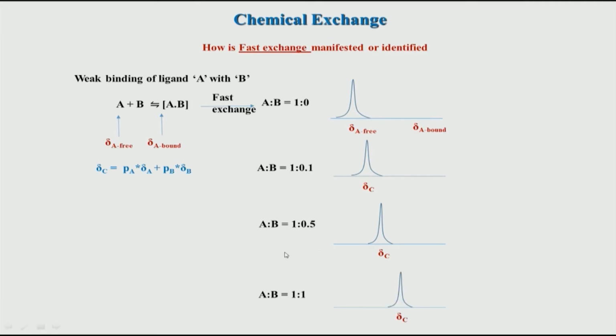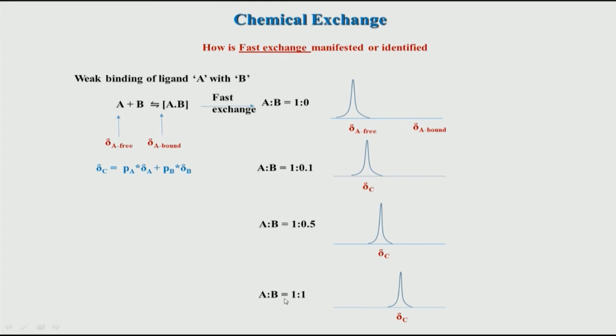So, suppose I add some more amount of B, I make it almost 1:1, but because this is not a strong complex, a lot of free A will be there, but more of AB will be there because the population of B is very high. So, the bound one is almost coming equal to the free one. So, the chemical shift is more or less close to the center or a little bit towards the bound form.